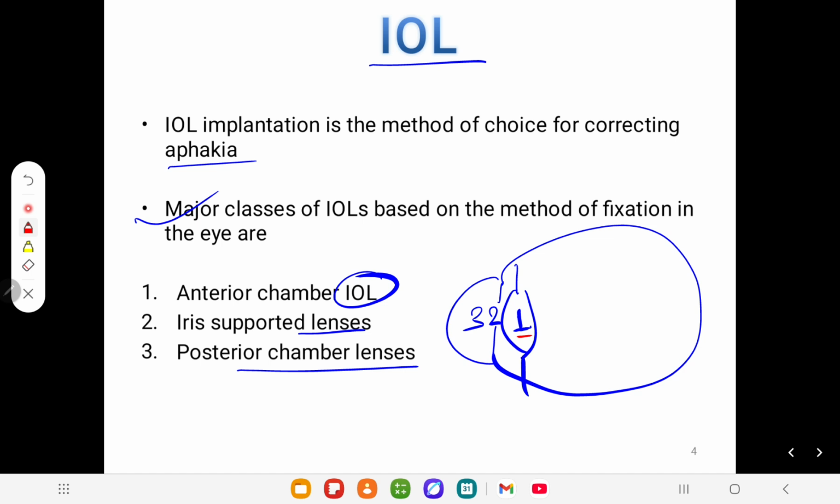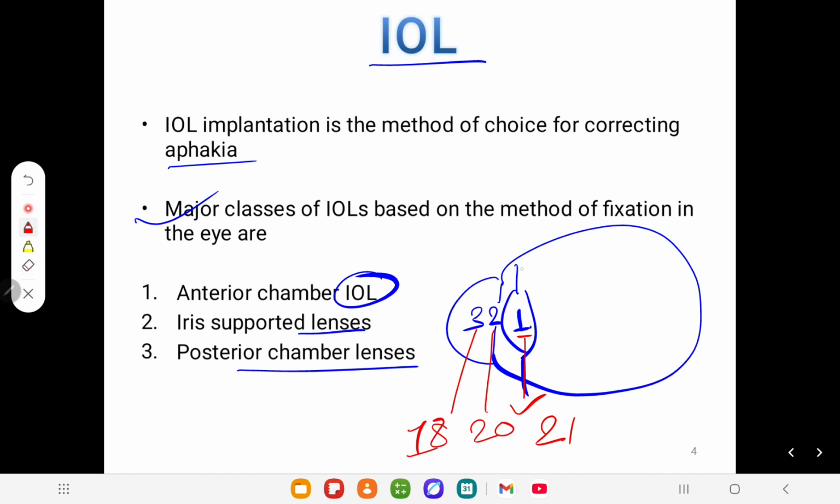Place number one means the higher the plus power you need. Let's take the example of 21. Place number two, less than 21, let's take 20. And place number three, less than that, let's take 19 or 18. Why is it so?